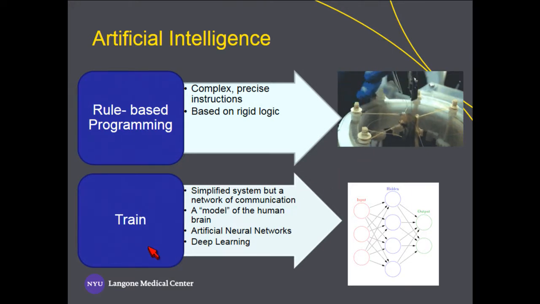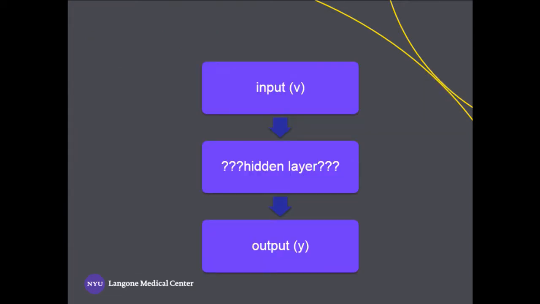And then the other category is training, which originally was based on trying to do a simple model of the human brain, and you've probably seen pictures like this where there are these artificial neural networks that people have developed, and we'll talk about how those work a little bit. I've always been curious about what you would end up with if you actually combined some of these training and rule-based programming.